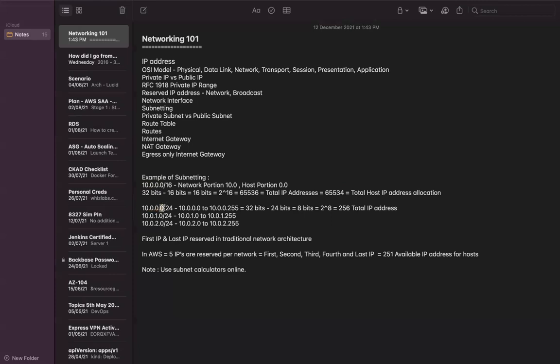So in this particular subnetwork, you can go all the way from 10.0.0.0 to 10.0.0.255. You can only have 256 total IP addresses, out of which, in traditional networking terms, 2 IP addresses are reserved, which means you can only have 254 that you can allocate to your hosts.